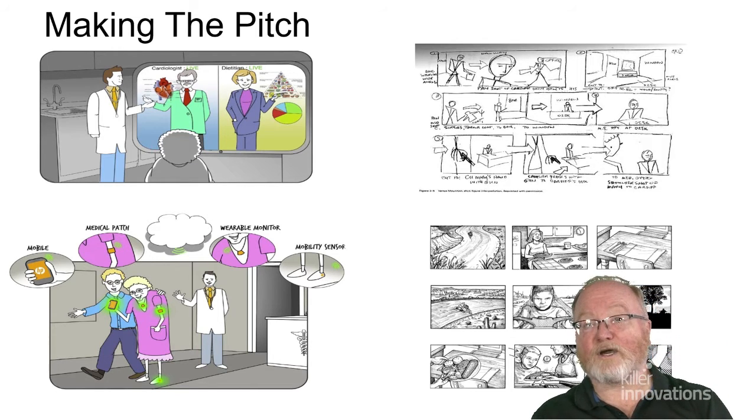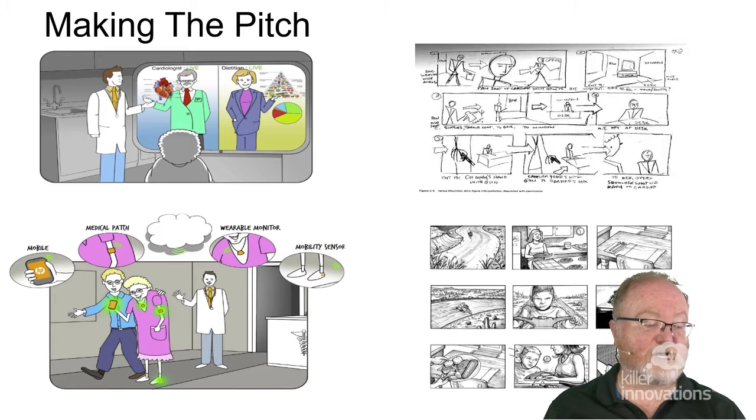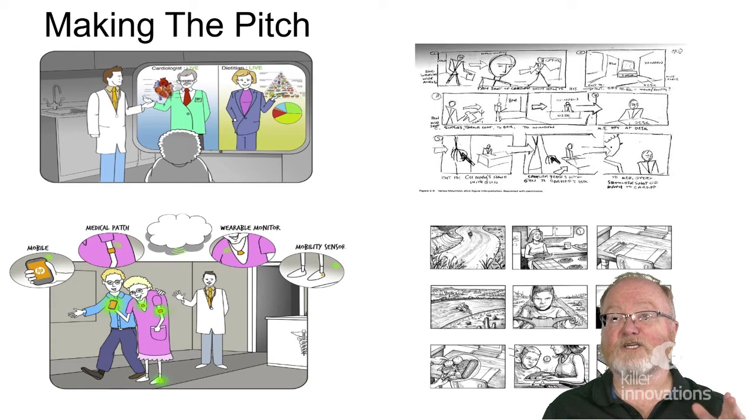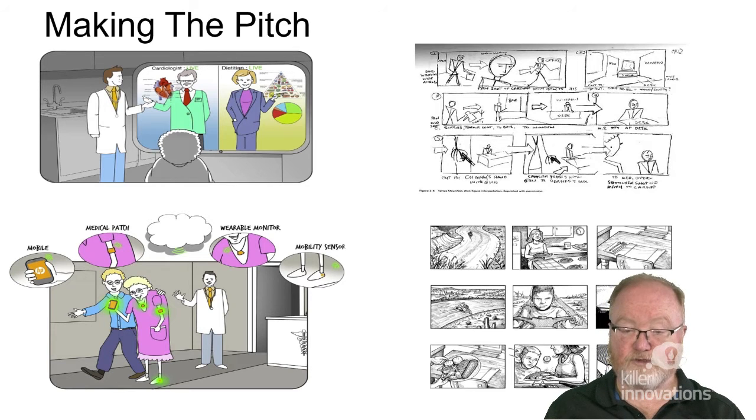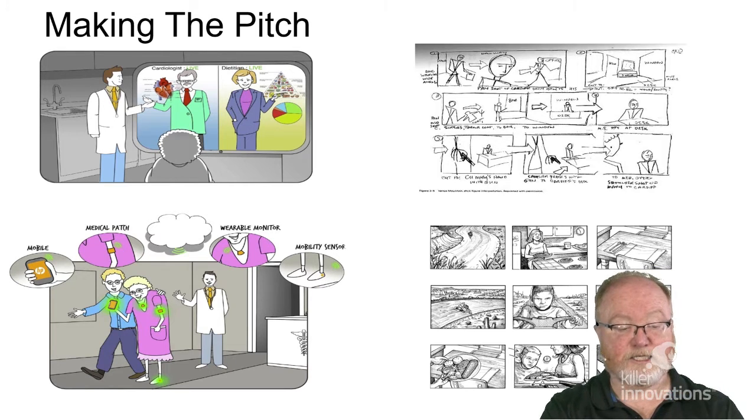And look, there's lots of different ways to do pitches. There's actually some good materials out there on how to create pitches. But my advice is strategic storytelling. Tell it as a story. Tell it as a short story so that the reader sees themselves using your idea.